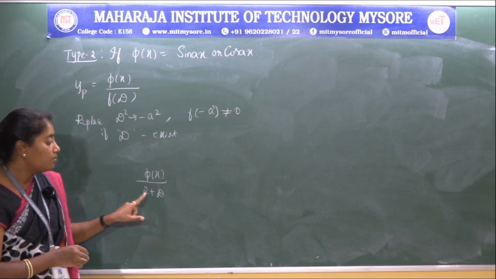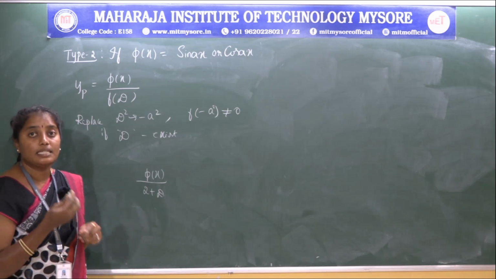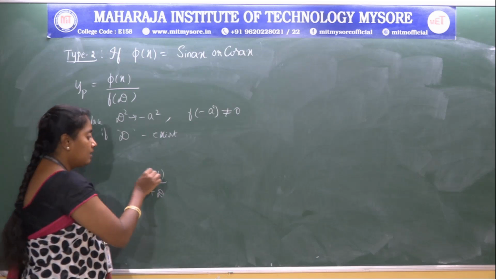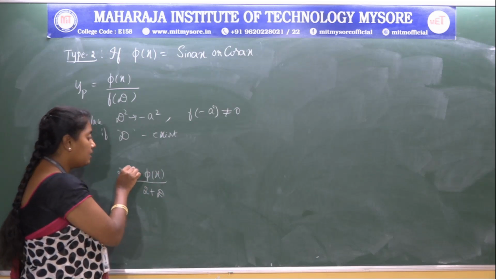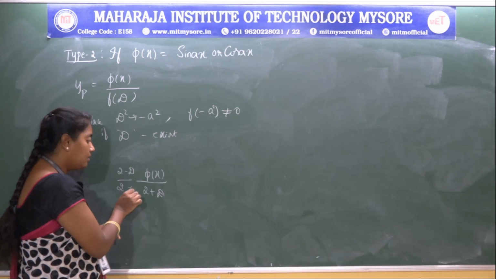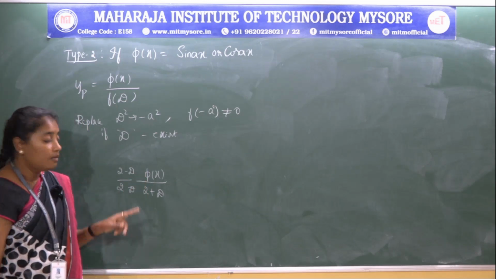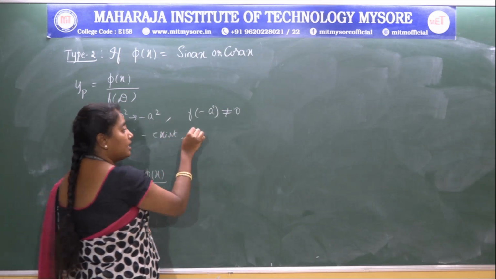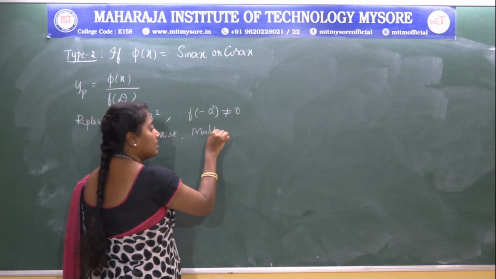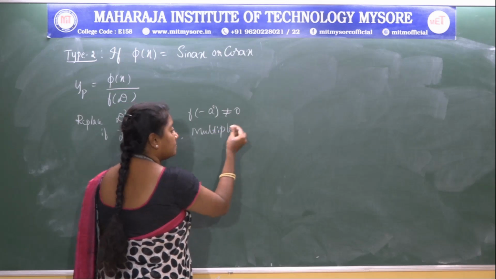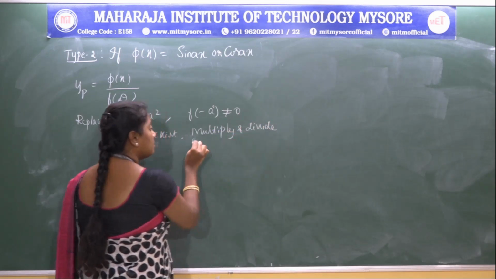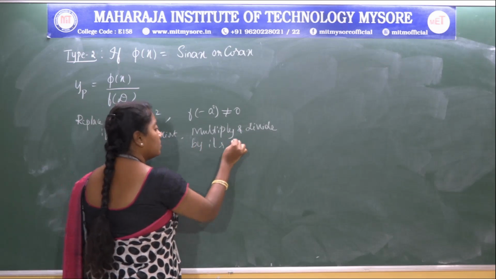Conjugate of the denominator means we have to change the sign of the d element. If it is 2 plus d, we have to multiply by 2 minus d and divide by 2 minus d. We have to multiply, if a d term exists, then multiply and divide by its conjugate.